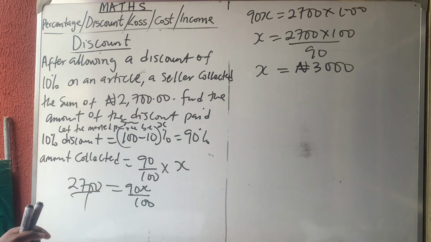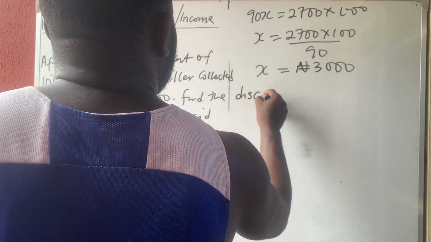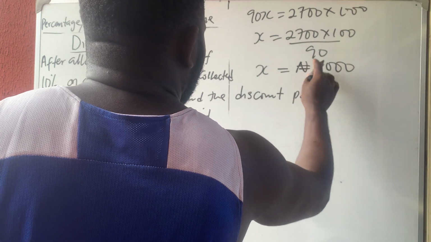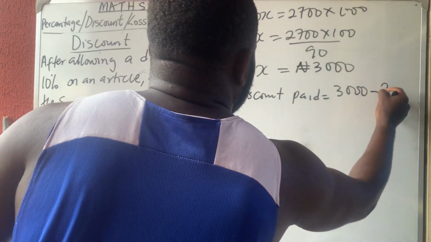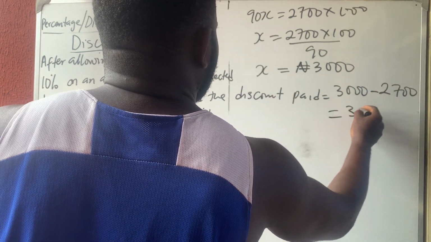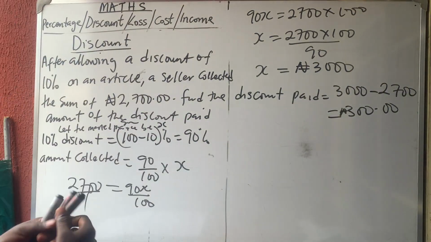So the amount of discount paid is the normal money 3,000 minus the amount the man collected 2,700. So the discount is 300 naira. Okay, as simple as that.